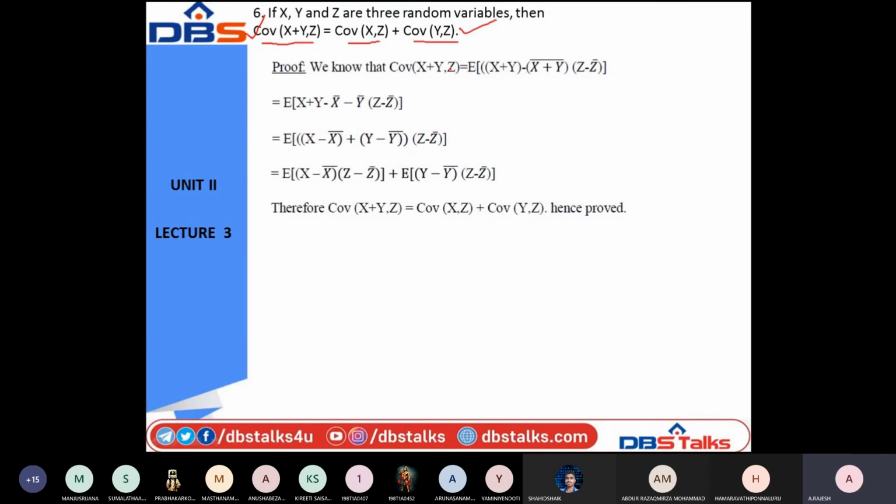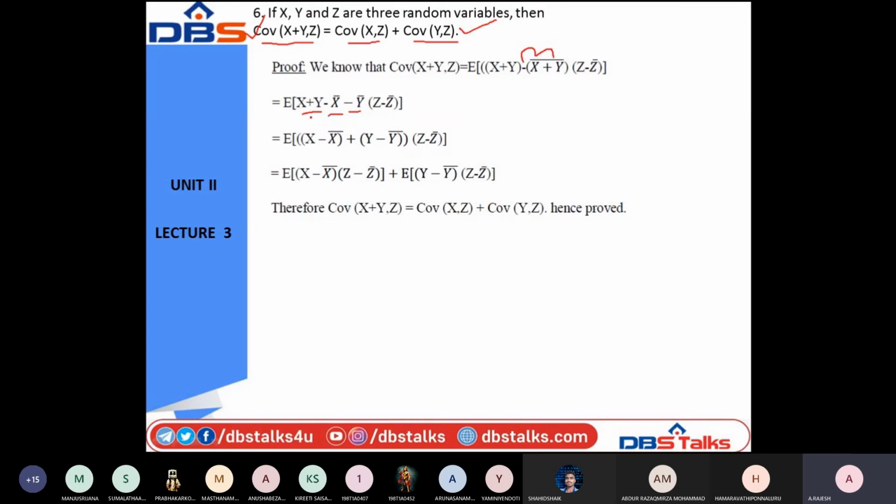We have only one term here, that's why we have written Z minus Z complement. Multiply this with the negative sign, which can be written as the expected value of X plus Y, minus into plus minus X complement, minus into plus minus Y complement, into Z minus Z complement.